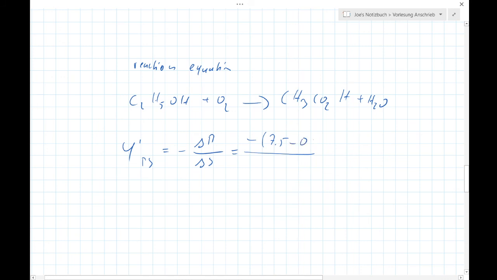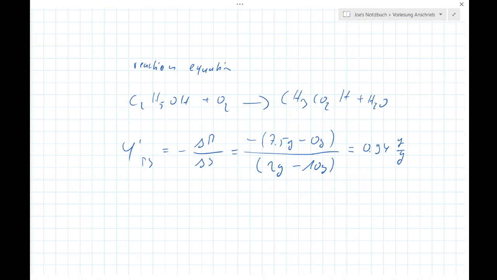Nothing is getting in. Just put the grams also: 7.5 grams minus 0 grams divided by, out it's 2 grams minus 10 grams, and this is then 0.94 grams per gram. In the Duran they put it the other way around, so that's not nice. This is the correct way. So this is the observed yield.